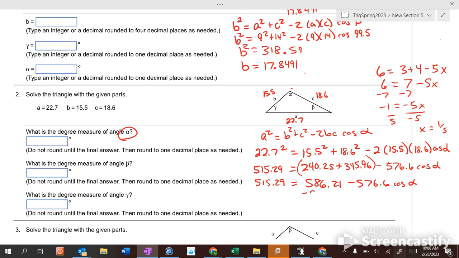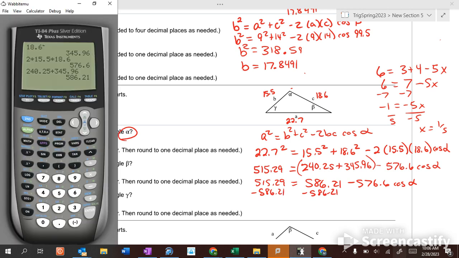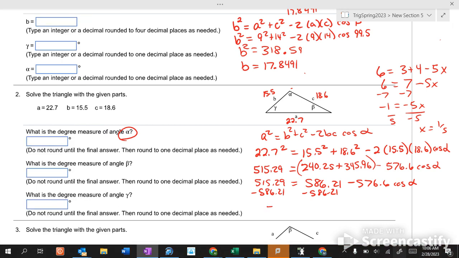So we have to subtract 586.21 on each side. So 515.29 minus 586.21 equals negative 70.92, equals negative 576.6 cosine of alpha divided by negative 576.6.